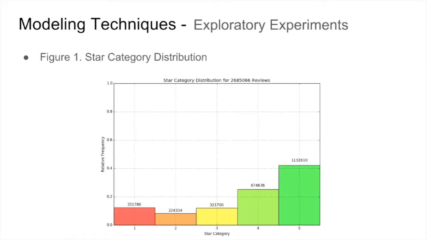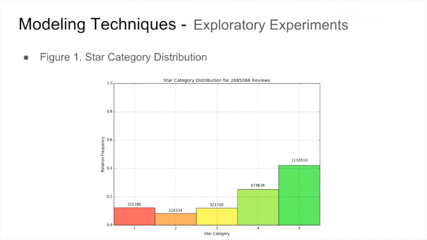Before using machine learning techniques, we perform some exploratory experiments to help better understand the data. First, we made a basic visualization of the distribution of the number of reviews in each star category.